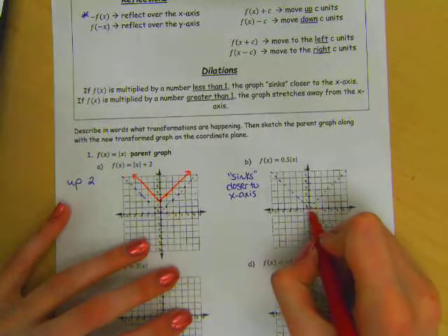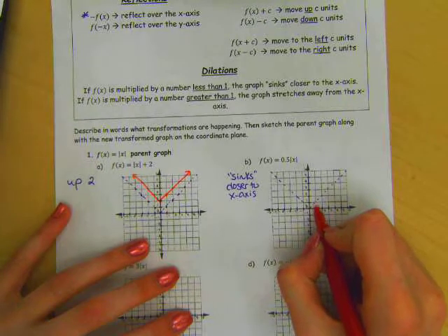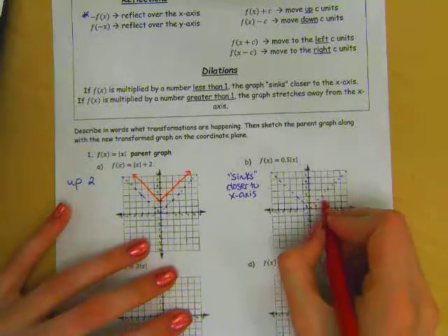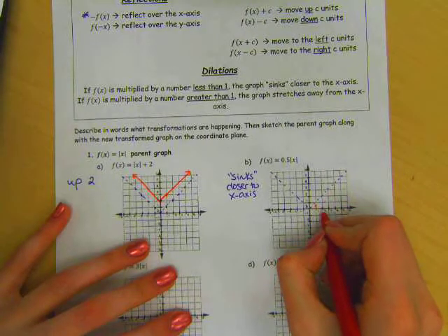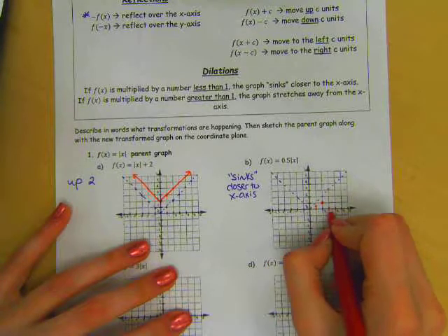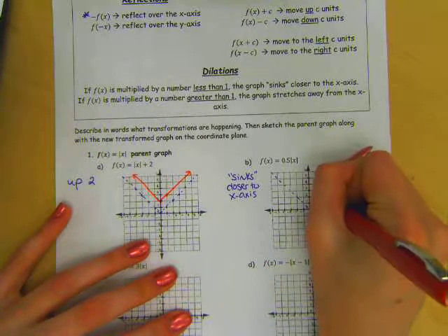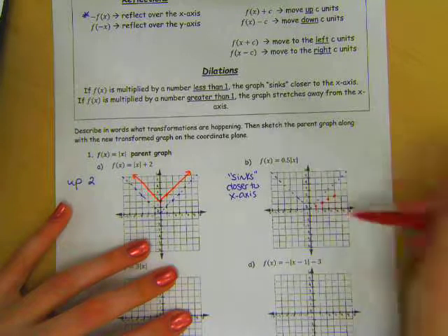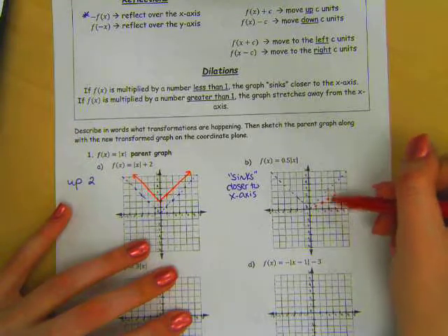So if I was at 1, 1, my new value is going to be 1, 1/2. If I was at 2, 2, my new value would be 2, 1. 3, 3, I would be at 3, 1.5. 4, 4, 4, 2. So I basically cut each point in half.